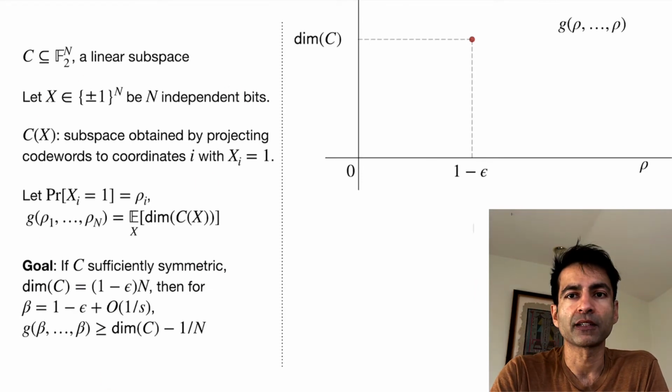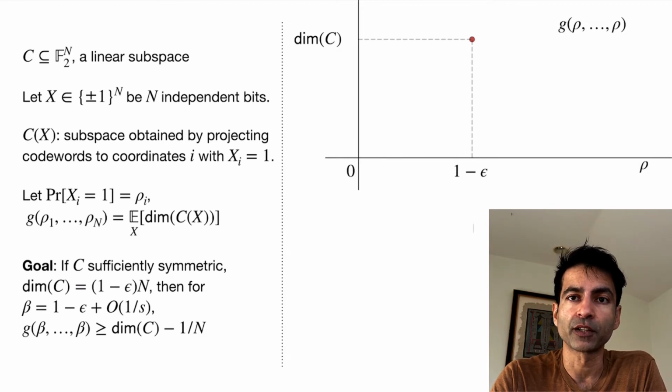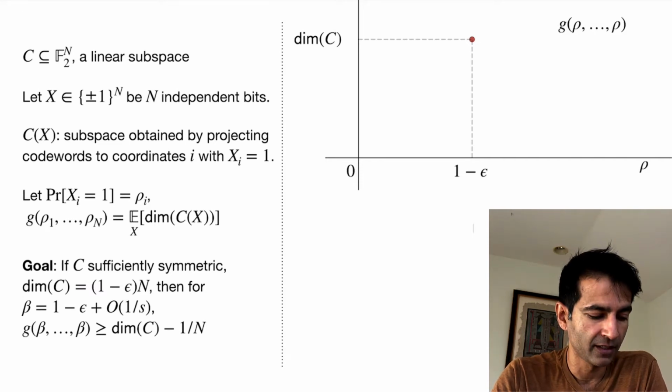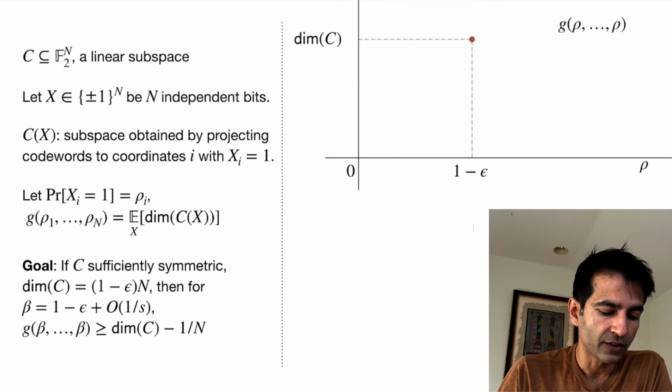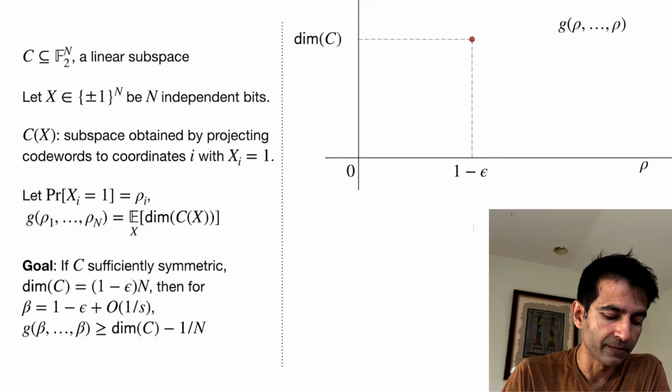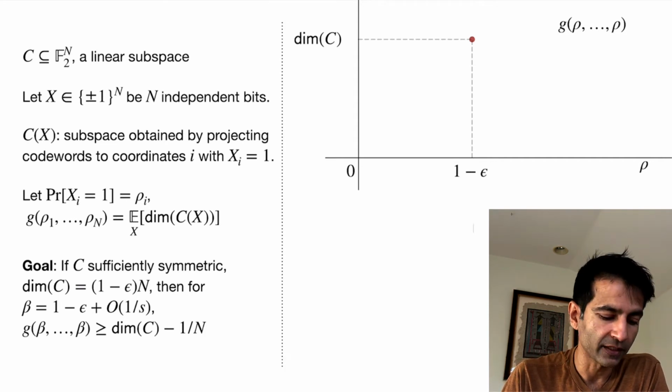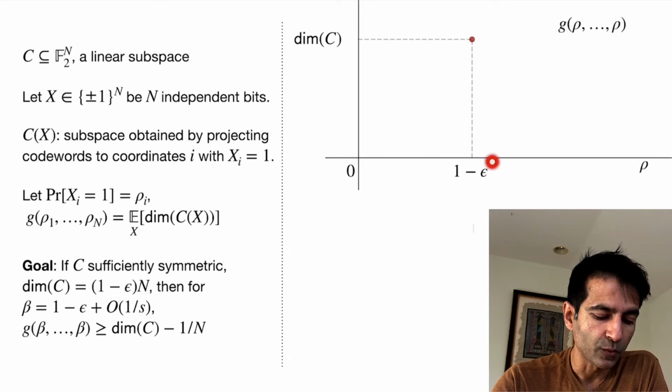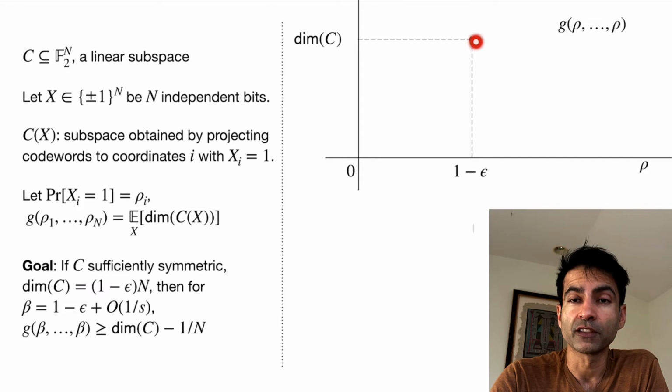And now let me draw some pictures to explain what we're trying to do and reason about and give you some high level intuition for how we're going to go about doing it. So on the right here, I've graphed the value of g at rho as a function of rho. So what we want to show is that g, when you plug in 1 minus epsilon, gives you something that's very close to the dimension of the code.